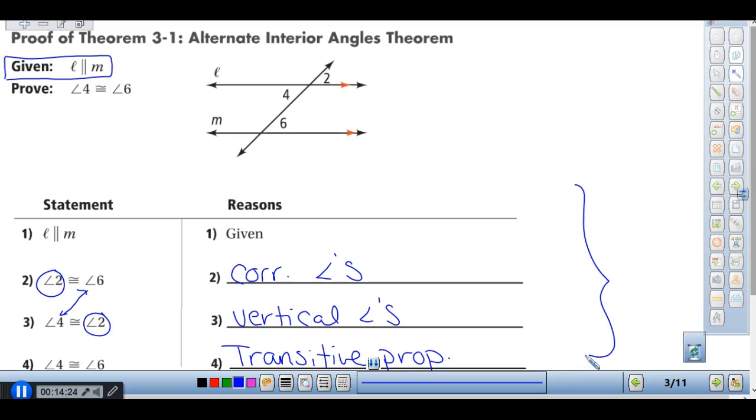Corresponding angles, alternate interior, alternate exterior are all congruent, and vertical angles are all congruent. Linear pair and same side interior are supplementary.